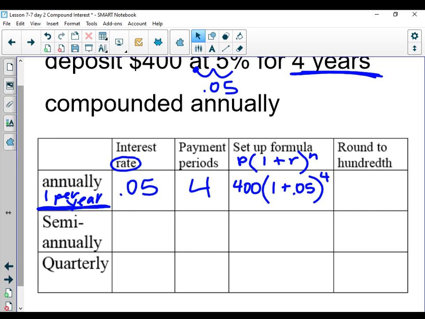The exponent button is really goofy. It's called a caret. So in order to have an exponent, I need to press that button and then 4 for an exponent.